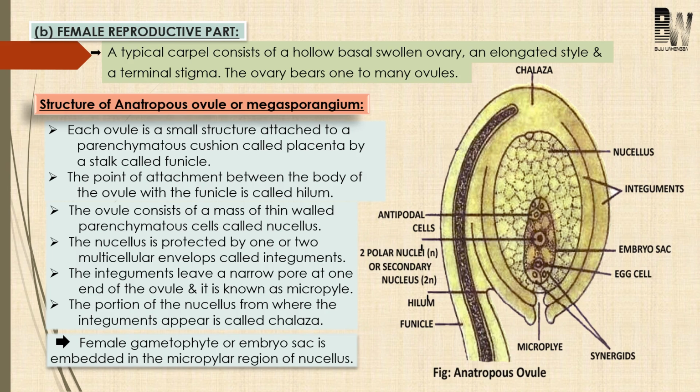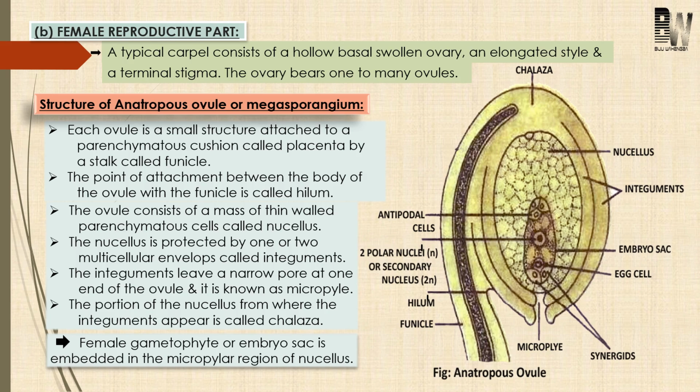Opposite to the micropyle is the region of chalaza, from where the integument arises. The ovule is attached to the ovary wall by a stalk known as the funicle, which joins the body of the ovule at a region known as the hilum.